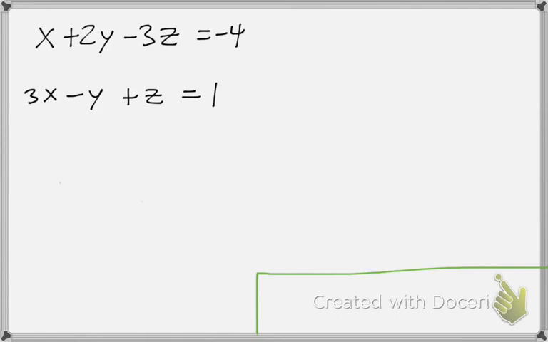My new second equation was 5z is equal to 10. Now, I wish that was in the third equation, because in my third equation I want to have only z, and I have that in my second equation. So I'm going to swap these. Let's swap equation 2 and equation 3.